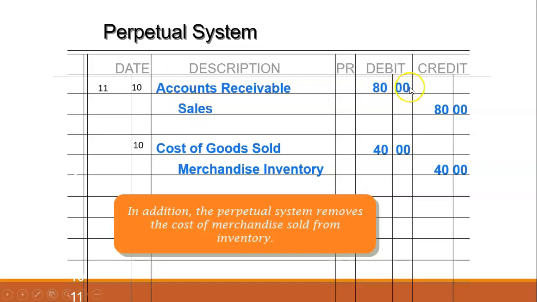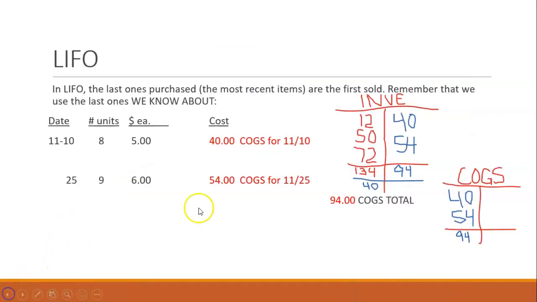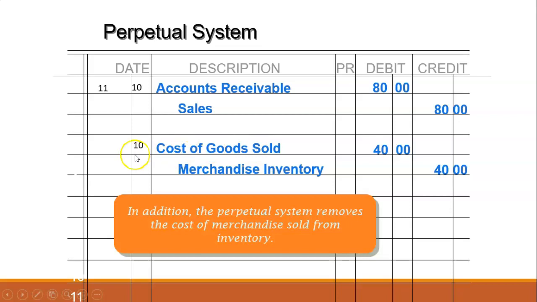That's 8 units times $10 a piece that we sold to the customer. Then we had to figure out our assumed cost, and we figured that out as being $40 using LIFO. Okay, so we're going to debit cost of goods sold and credit inventory for that $40.